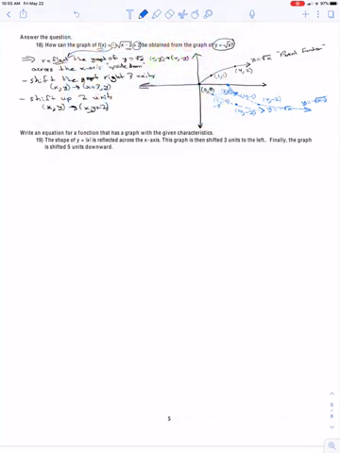So for example, (3, 0), as we go up 2 units, we'll be up here at (3, 2). And we know, for example, (4, negative 1), if we go up 2 units, we'll be right here at (4, 1). So we'll pass through (4, 1). (7, negative 2), as we go up 2 units, we'll be up here at (7, 0).